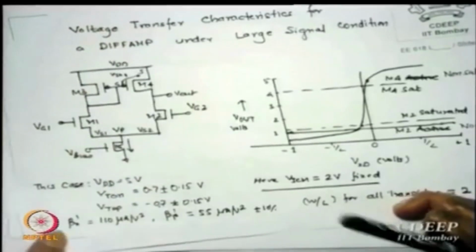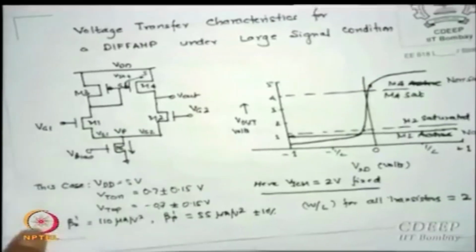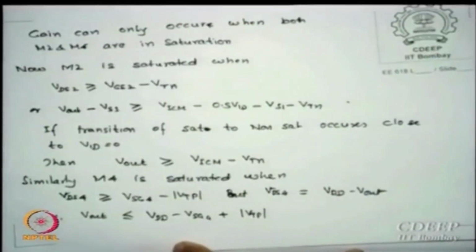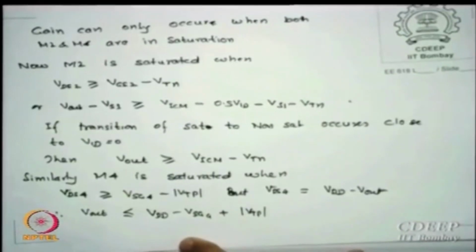Ground is AC ground, but it is VDD. So always the output side has a larger value from the VDD side and a smaller value from the input or lower side, and therefore M2 decides the minimum value of the swing and M4 decides the maximum value of the output.